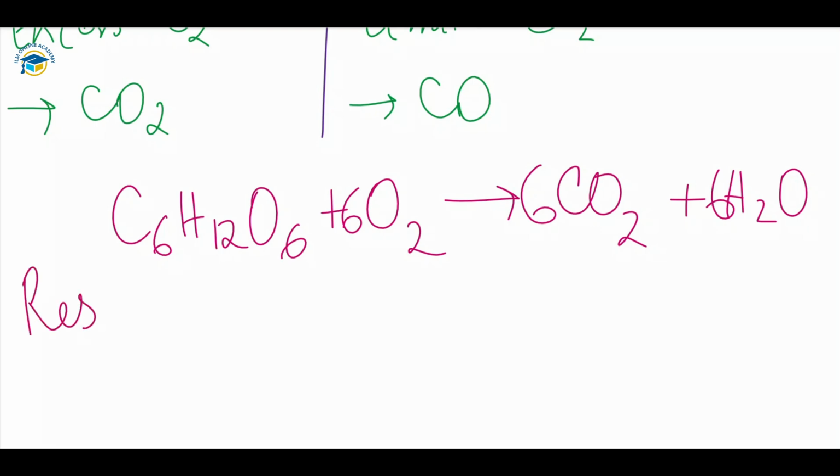In our body cells, glucose reacts with oxygen, and this happens in the process of respiration. So this is a combustion reaction in which the biological cells release energy that is stored in the glucose for use by the cells or by the body. The reaction is exothermic and it produces carbon dioxide and water as the chemical products.